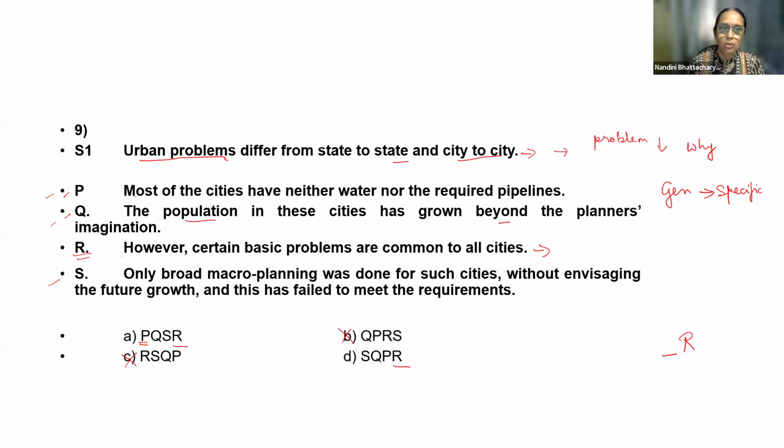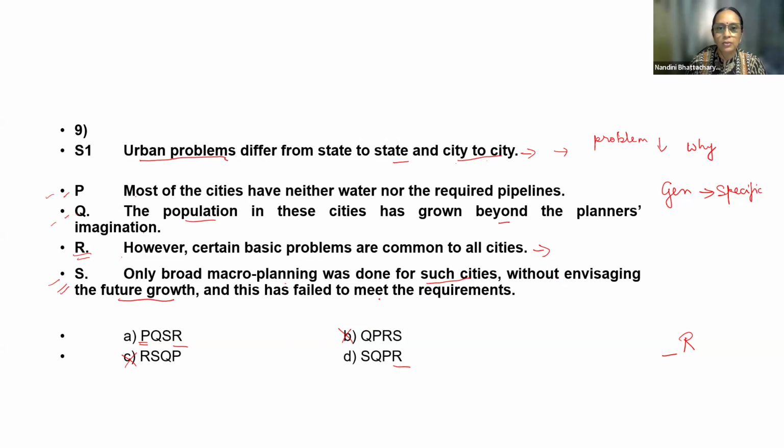Okay. So what goes with Q? Does S come first or Q come first? S comes first. So the urban problems differ from state to state and city to city. Now, only broad macro planning was done for such cities without envisaging the future growth.